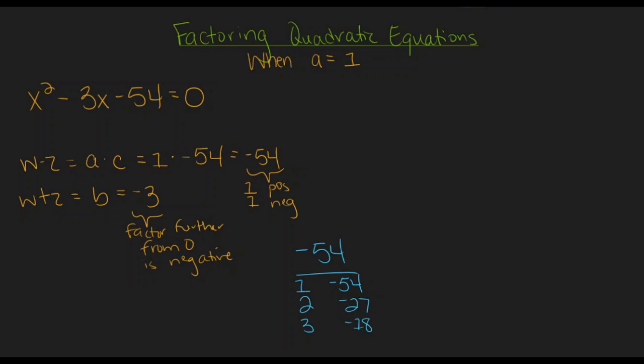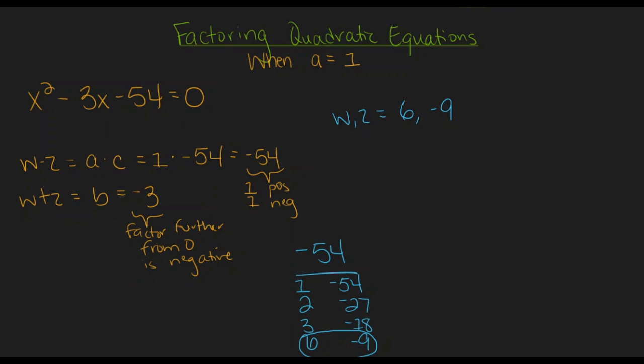It's also not divisible by 5, so I can move on to 6. 54 divided by 6 leaves me with 9, and that 9 should be negative because it's further from 0. When I add these two factors together, I get an answer of negative 3. So that tells me that these are my magic numbers, 6 and negative 9. So W and Z are 6 and negative 9.